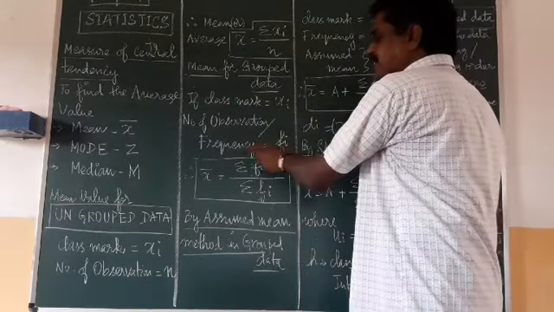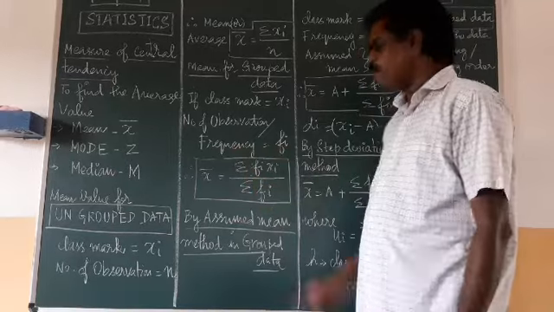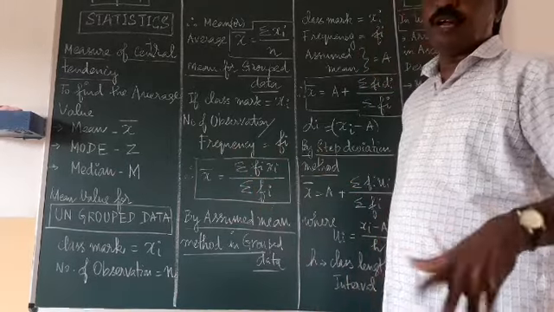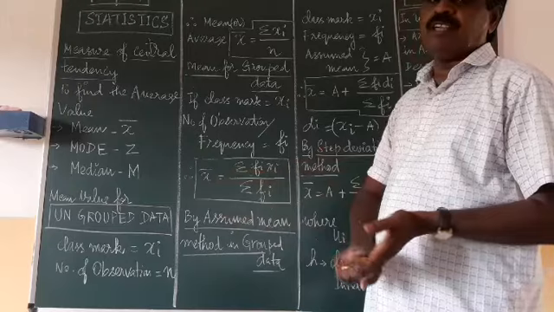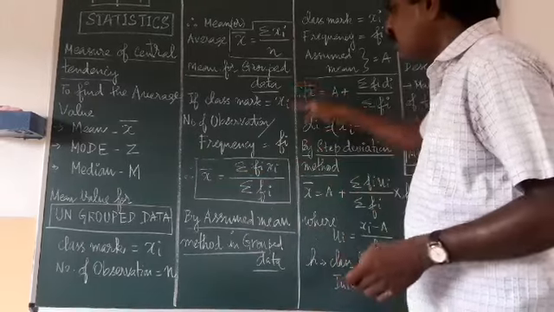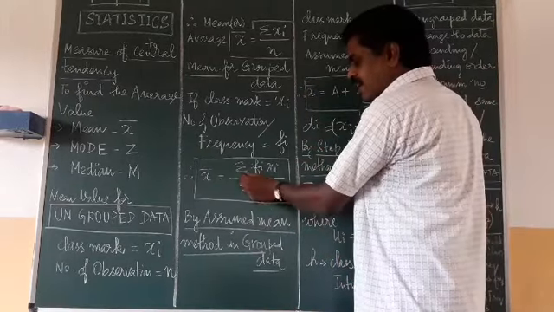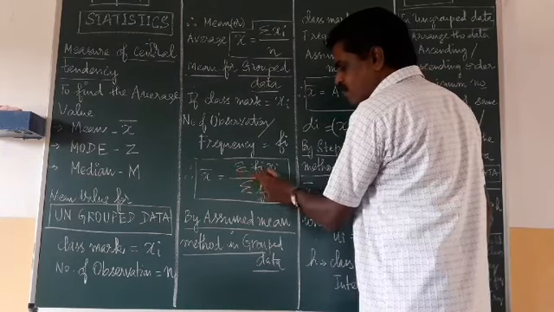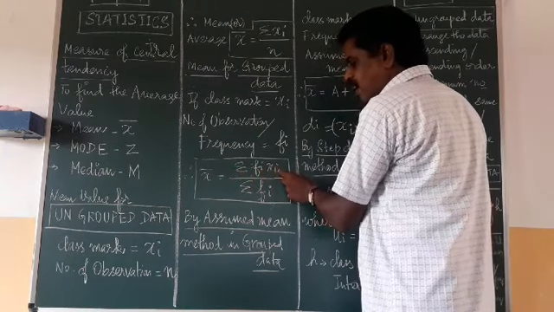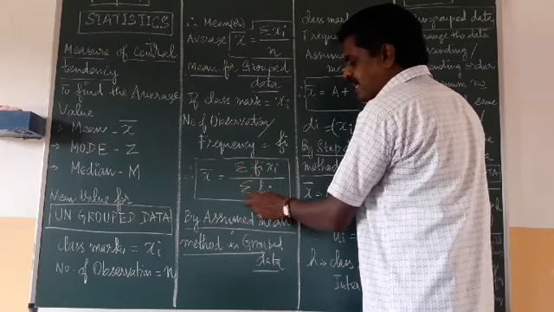And the number of observations is given as the frequency fi. So how do we calculate the mean value x bar using these two data? Sigma fi xi, the sum of the fi into xi column, divided by sigma fi.